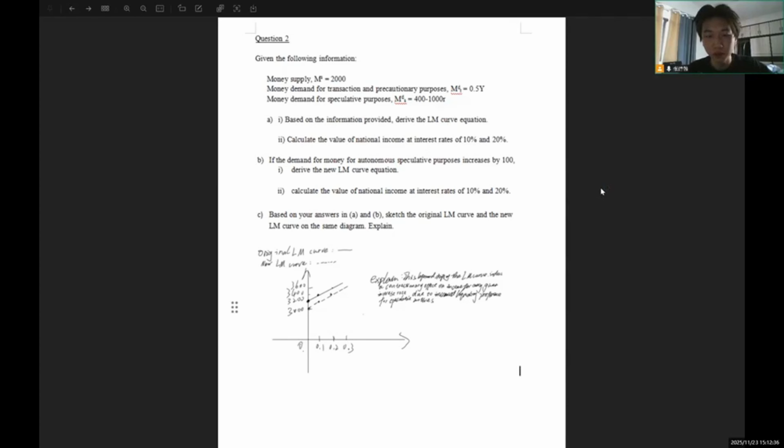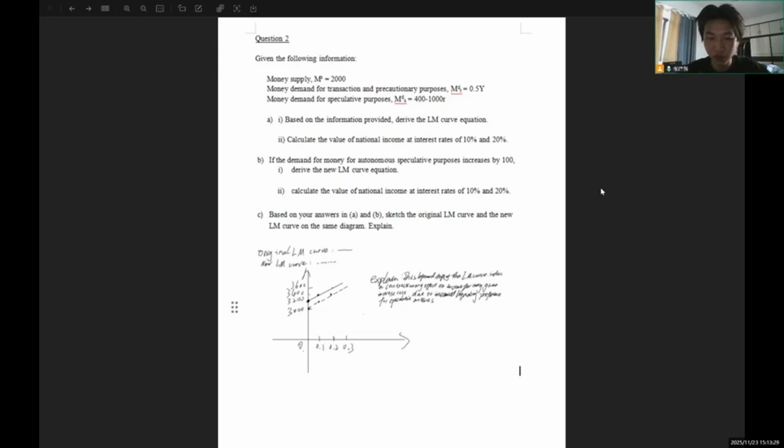When autonomous speculative money demand increases by 100, the new LM curve becomes Y equal to 3,000 plus 2,000R. This reflects a backward shift in the curve as the slope remains unchanged but the intercept decreases. At R equal to 10%, Y now equals 3,200 and at R equal to 20%, Y equals 3,400.